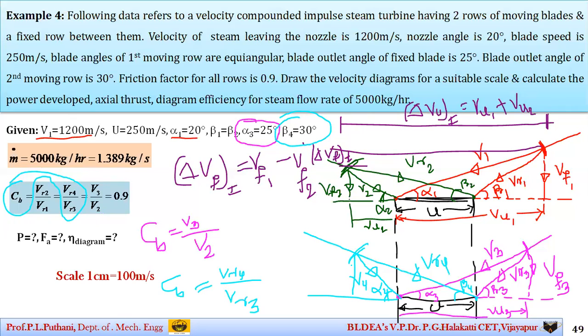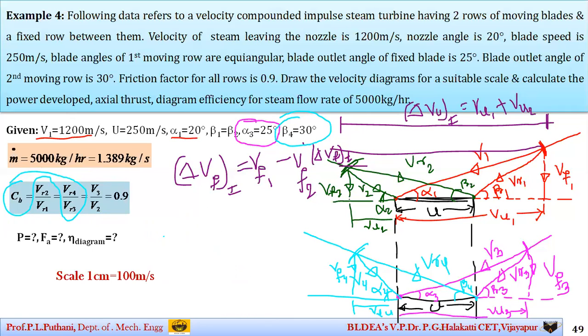Then this vertical height is VF4. Then measure this one, this is VU4. As we have done for the first stage, students, here also for the second stage, I will write down the equations here.